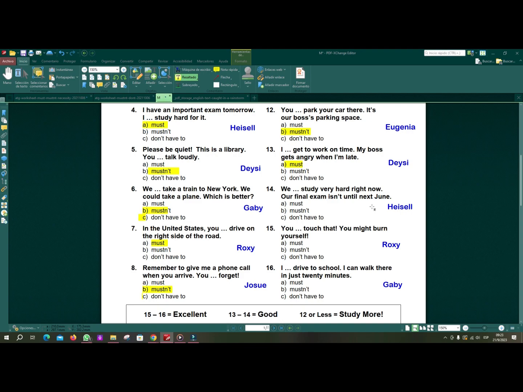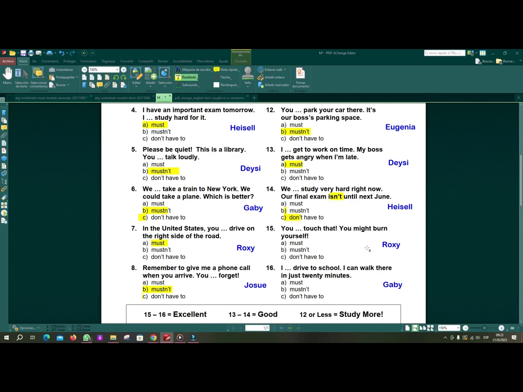It's very hard right now. Our final exam isn't until next June. Okay. So, maybe in this case, Hazel, you can use mustn't or don't have to, right? That's because our final exam isn't until next June. So, I guess you have time to study, right?